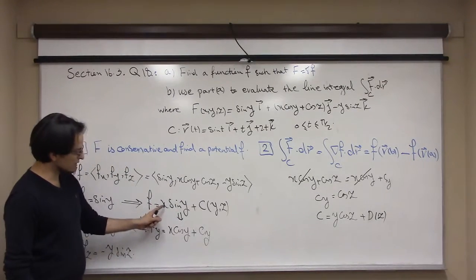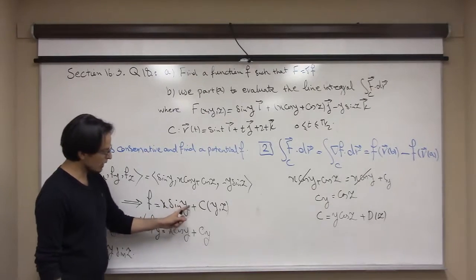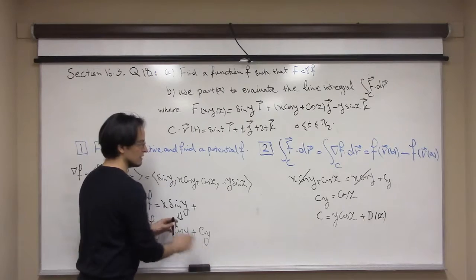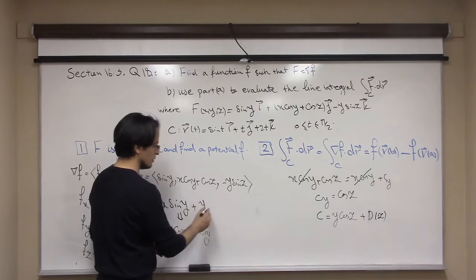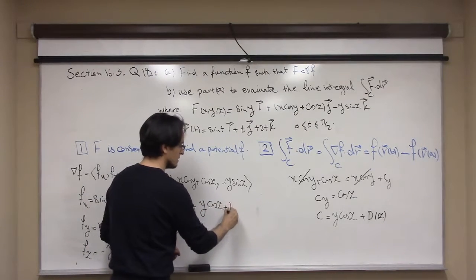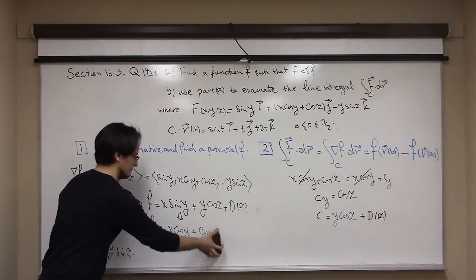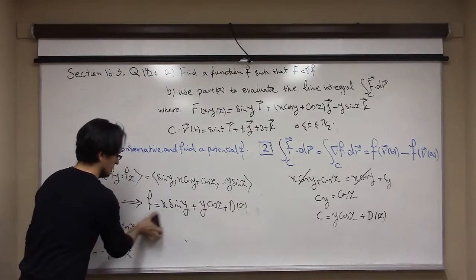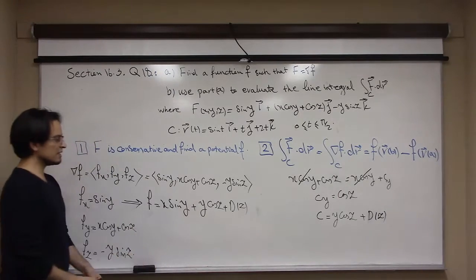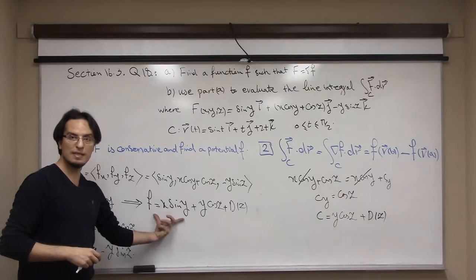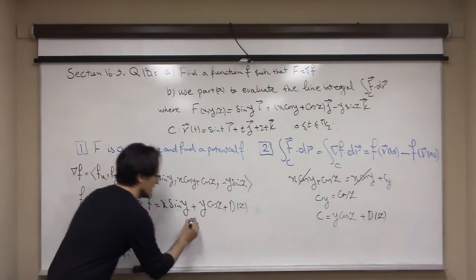My function was x sine y plus this function, but now I know more about that function: y cosine z plus d of z. This time, I can find the partial derivative of this with respect to z.